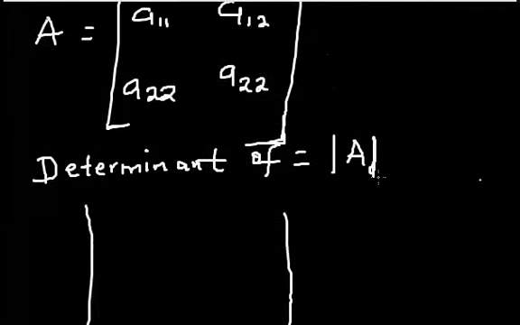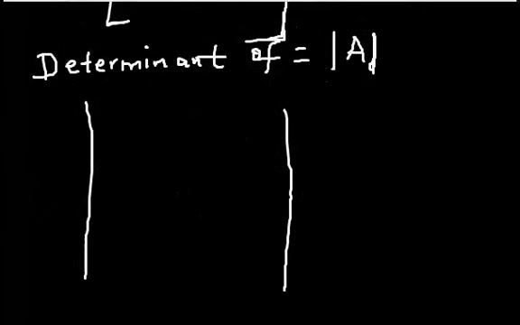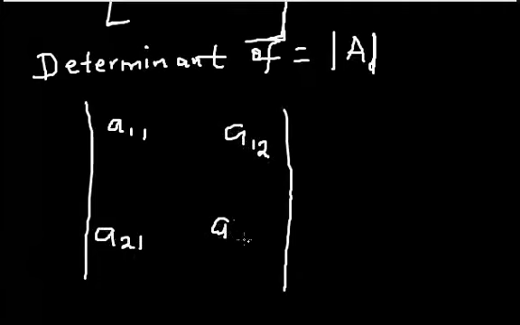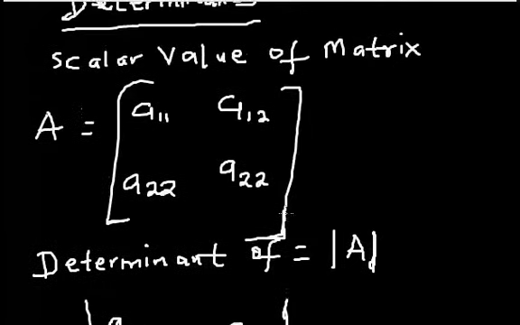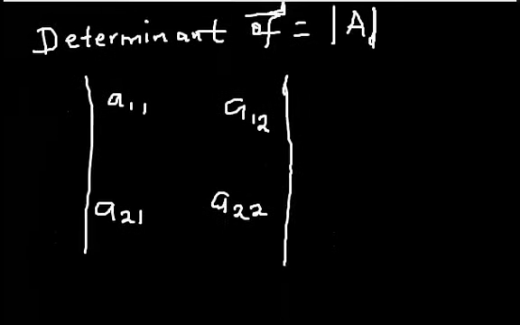So if you see me using these 2 straight lines to express A11, A12, A21, and A22, invariably I'm referring to a determinant. So you should know the difference between the symbol of a matrix and the symbol of a determinant.